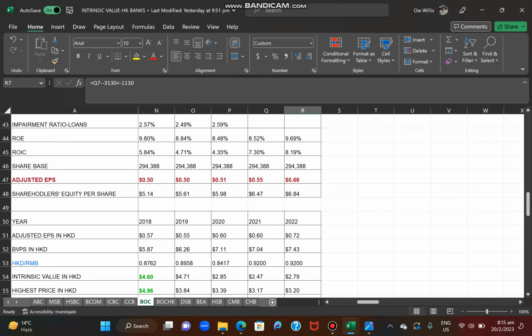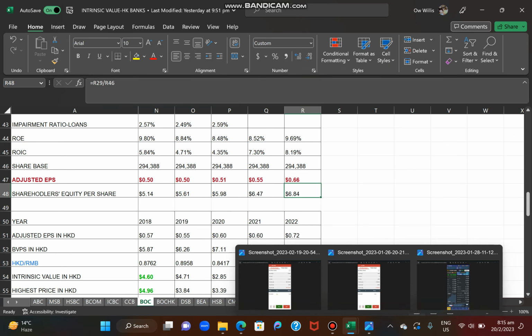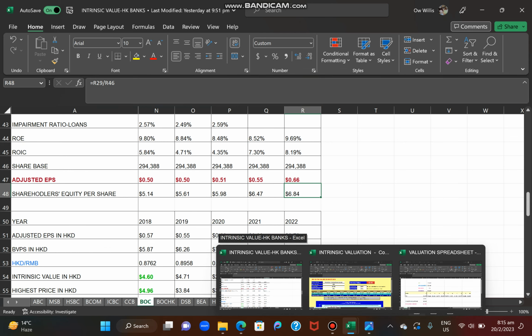One is the earning per share, and the other is the shareholder equity per share for Bank of China. For the year 2022, earning per share is estimated at 66 cents, and the shareholder equity per share is 6.84 RMB.